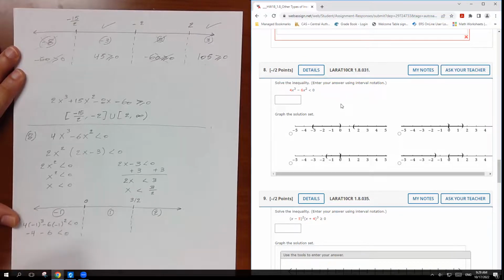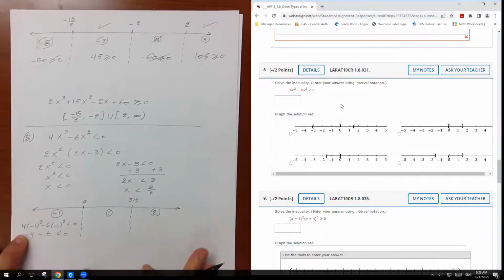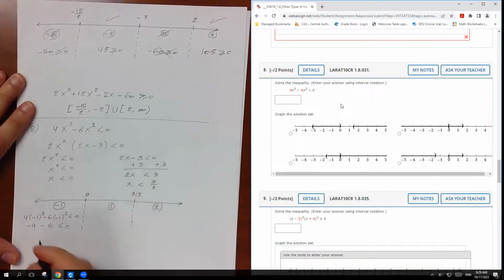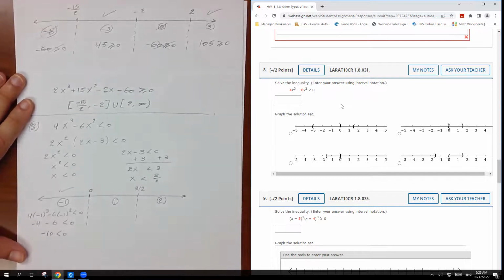Is that less than 0? So -4 minus 6 is going to be -10, which is less than 0. So this is right. So the first interval is a solution.